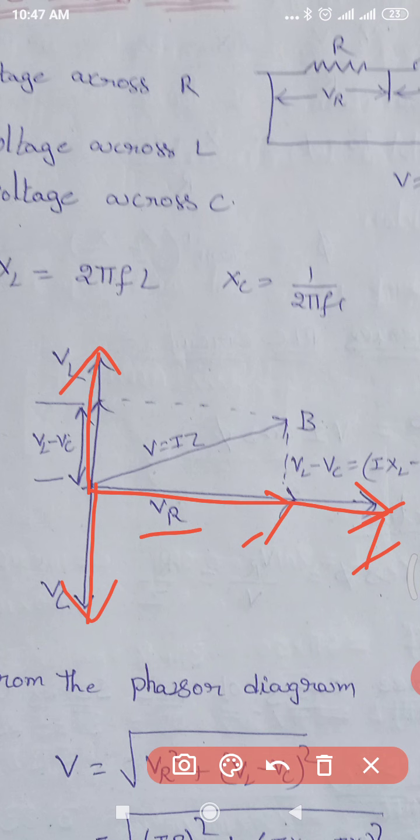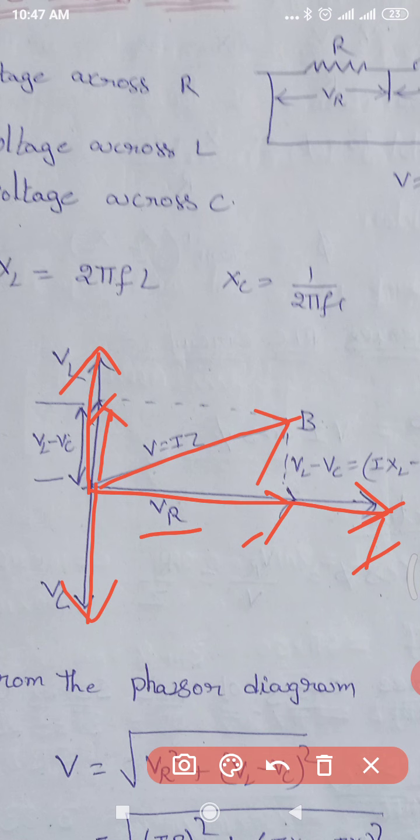So this is about VR, VL and VC, but we have to find out V, the total applied voltage. This can be drawn like this. Here we are taking VL minus VC. Sometimes VL will be greater, sometimes VC will be greater. We can see these cases later. Now let us consider practically that the inductance value is more compared to the capacitive value.